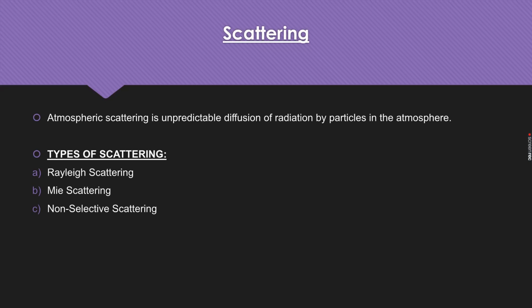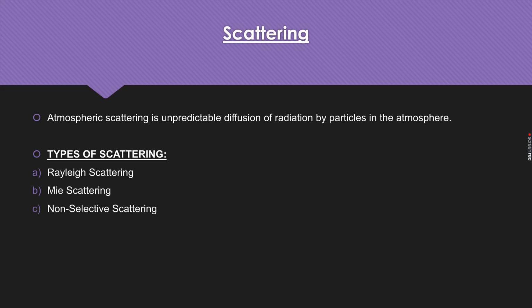So when the EMR travels through the atmosphere, it interacts with the particles present in the atmosphere and gets diffused, and that unpredictable diffusion of the EMR is known as scattering. There are basically three types of scattering. They are Rayleigh scattering, Mie scattering, and non-selective scattering. Now, we will go into detail to understand these three types of scattering.